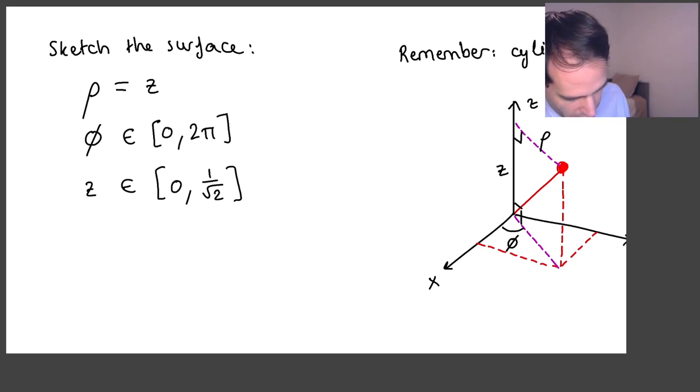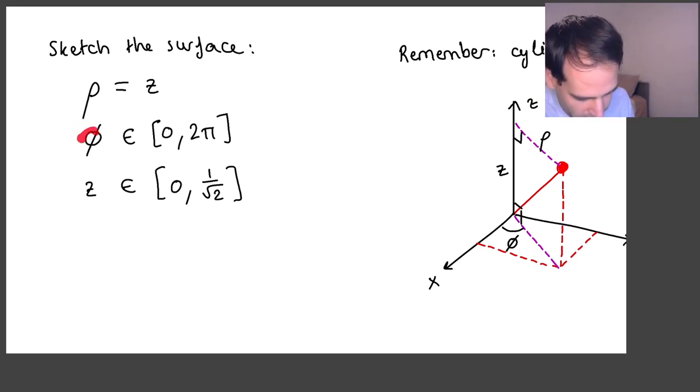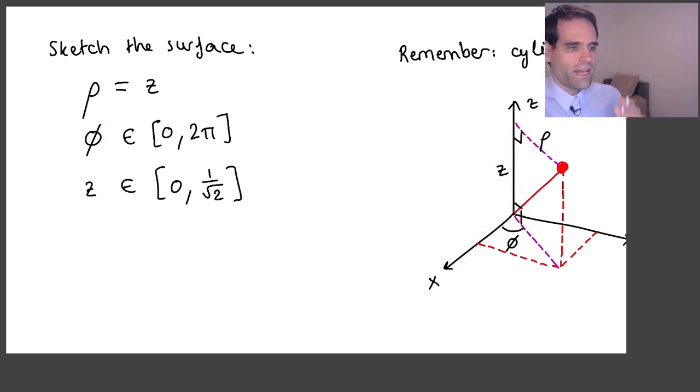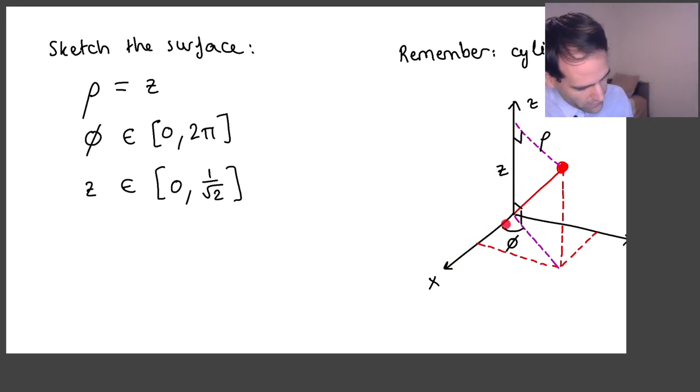Here we clearly have two variables that are changing. Phi is changing between 0 and 2 pi, which means that this angle is changing from somewhere along this plane, which corresponds to phi equals 0, and then we move all around 360 degrees up to 2 pi. So whatever this surface represents, it must have a symmetry of revolution around the z-axis.